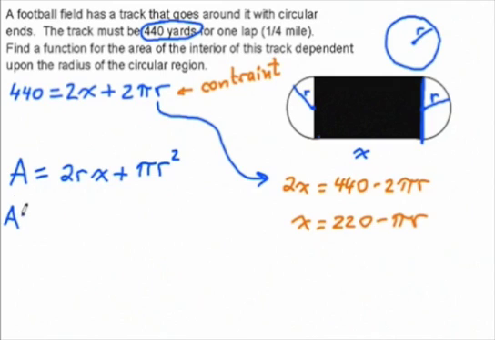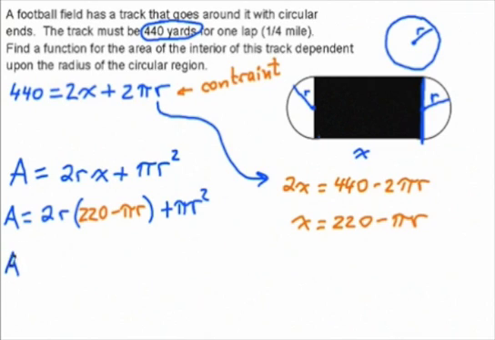So I'm going to get A equals 2r times this x plus pi r squared. And then do our little substitution. x is now equal to 220 minus pi r. And all we have to do now is simplify this expression.